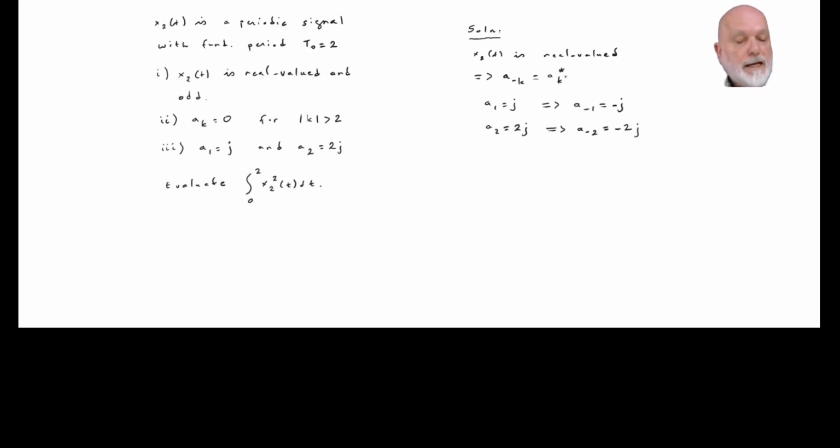Now what about a0? Again, how do we calculate a0? Now a0 is, remember, equal to 1 over 2 integral from 0 to 2 of x2 of t integrated with respect to t.